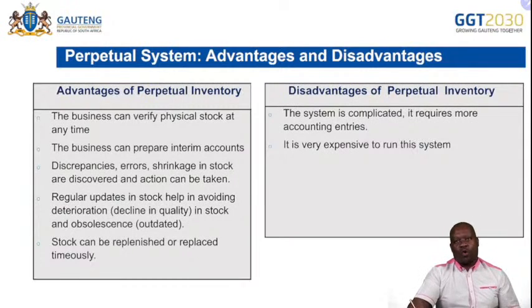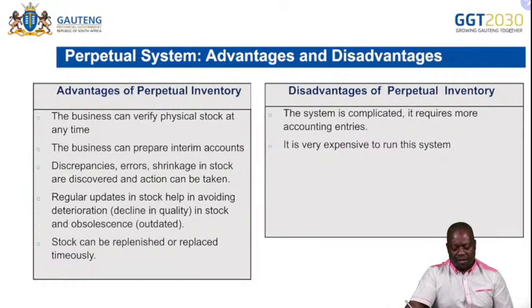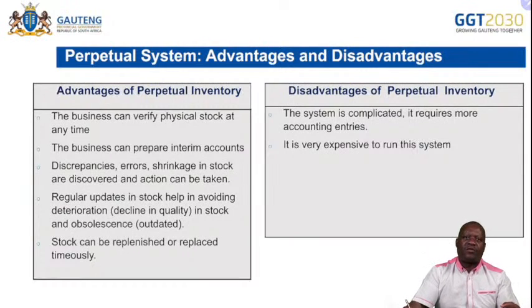And then it also has its own share of disadvantages. What are the disadvantages of this system? The system is complicated. It requires more accounting entries. Complex, more work needs to be done. And it is also expensive to run this system because specialized equipment is required.